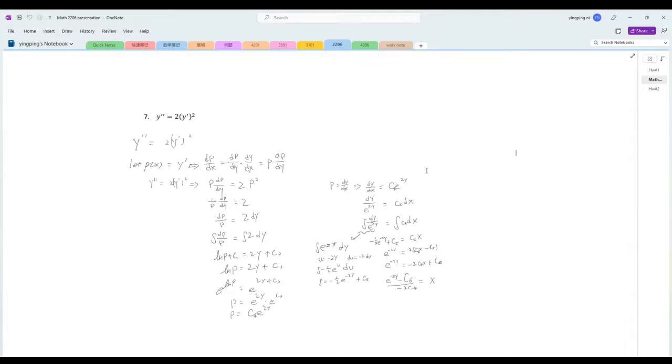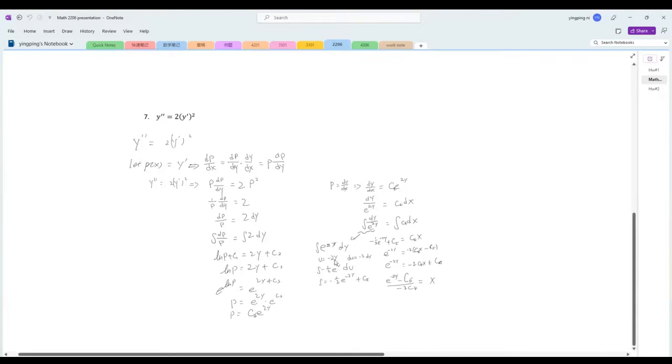Since e to the c3 is also a constant, p equals c4 times e to the 2y. Since p equals dy/dx, dy/dx equals c4 times e to the 2y.